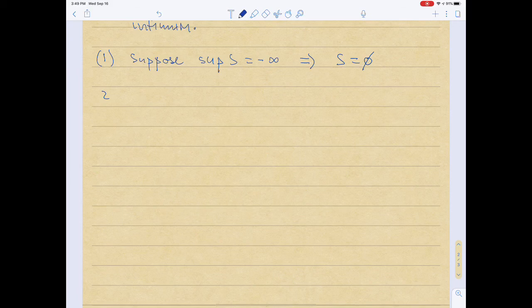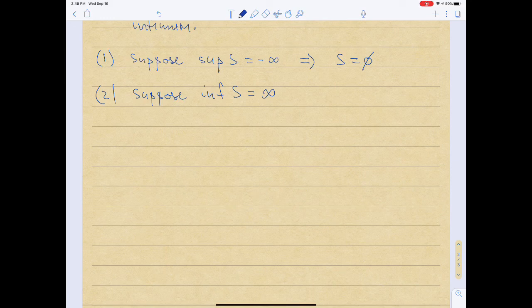Number 2, if we have that the infimum of S is equal to plus infinity. Once again, what does that mean? That means that every number in the set is larger than infinity, right? Because remember again, that infimum is a greatest lower bound.